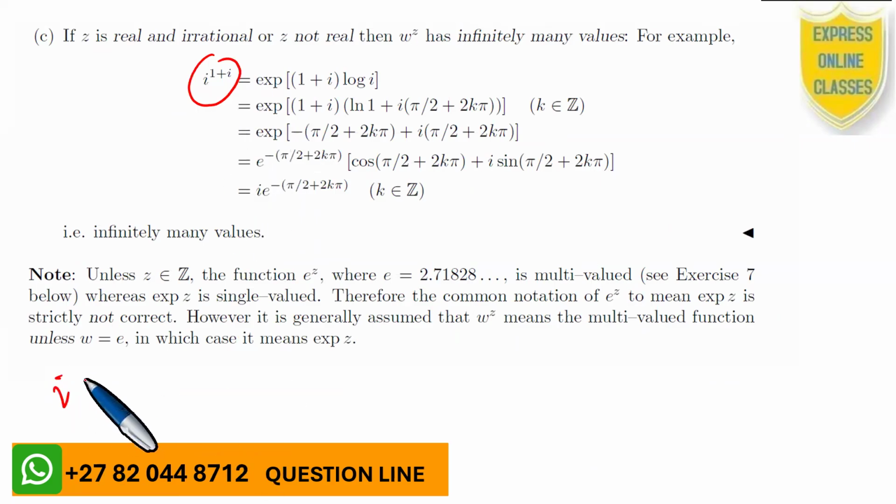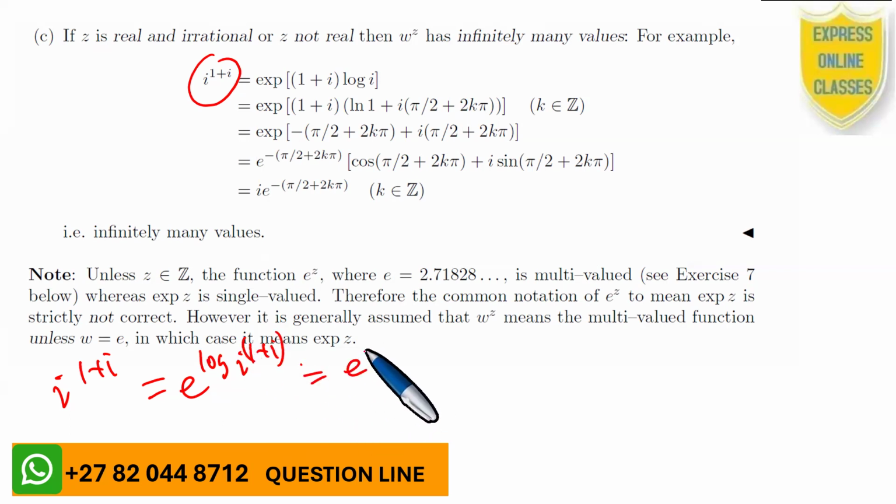So when you have I to the power 1 plus I, it is e to the power the log of I to the power 1 plus I, which is e to the power 1 plus I, the log of I. What is the log of I? To get the log of I, you must write I as r e to the I theta.